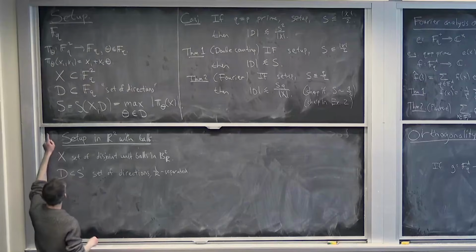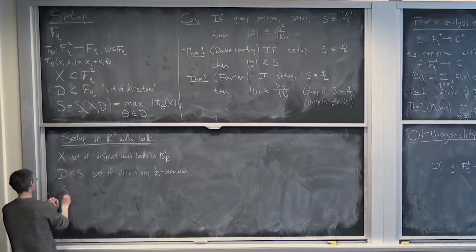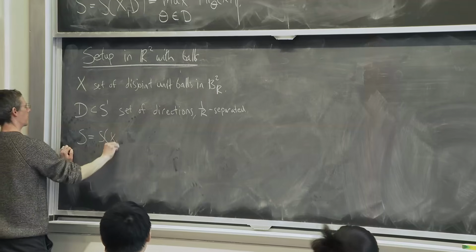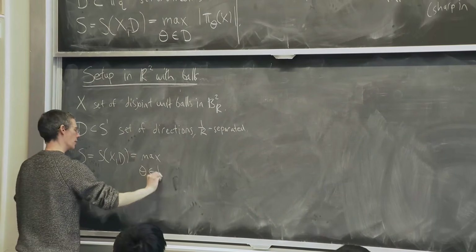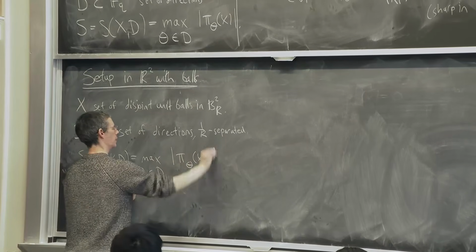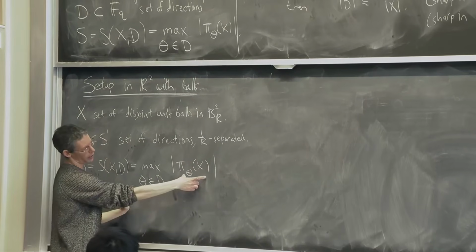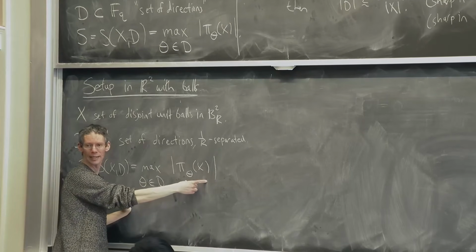OK, so that's X and D. And then our S of X, D is the maximum over any direction in our set of directions of the size of the projection of X in that direction. So this is a one-dimensional set. It's basically a set of unit intervals. And this absolute value is its length.